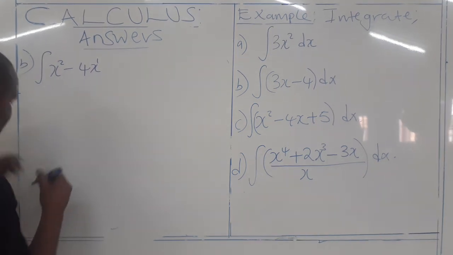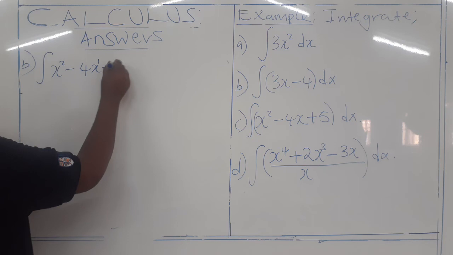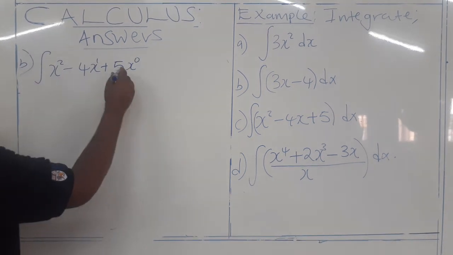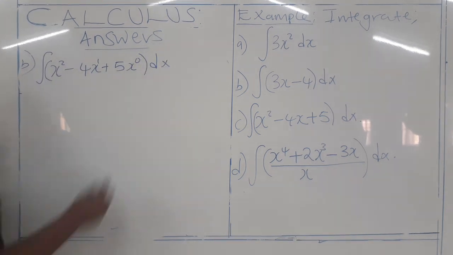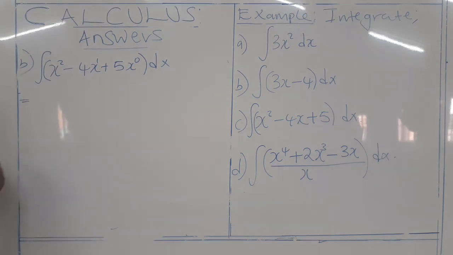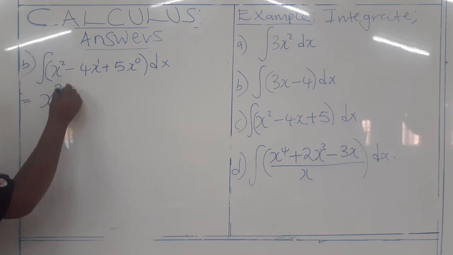Because that is like a dummy number, it has no effect. Plus 5, but I have to introduce an x, so I'll say x to the power 0. By that it means there is still 5 here. Okay, this is what we are going to deal with. Okay, so how do we integrate? We'll say x to the power 2 plus 1.